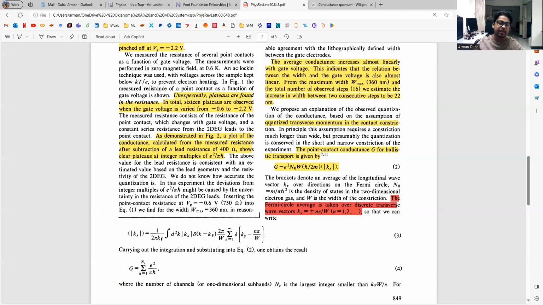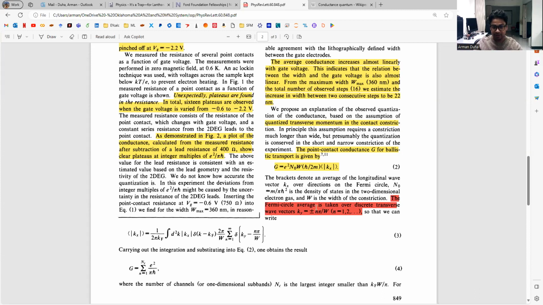So if you take the quantized transverse momentum assumption, then you can write this average wave vector, the Fermi circle average. This is the average over the different directions in the Fermi circle, and not average in the sense that you do multiple measurements and take the average, not in that sense.